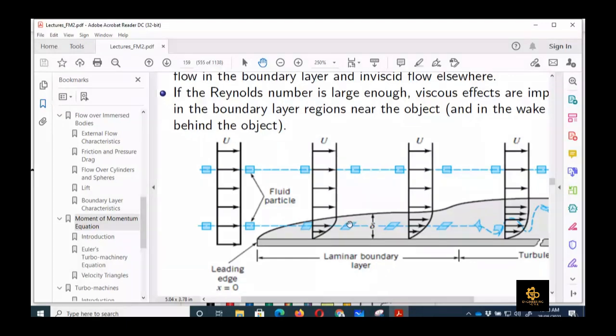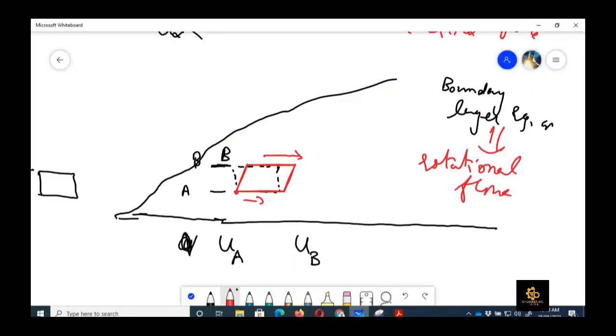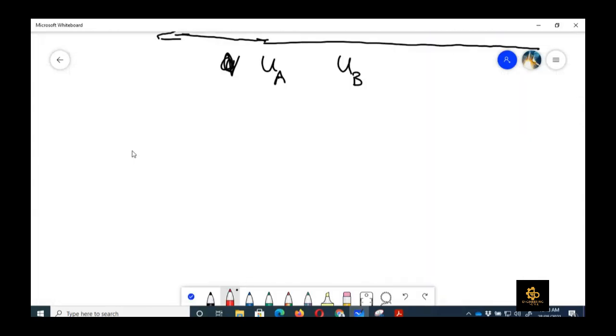And here we have got the laminar boundary layer. So what was the condition for the laminar boundary layer? If you remember, in the beginning of the chapter we discussed that the laminar boundary layer would have Reynolds number less than the critical Reynolds number.